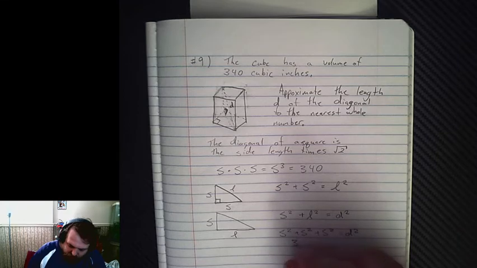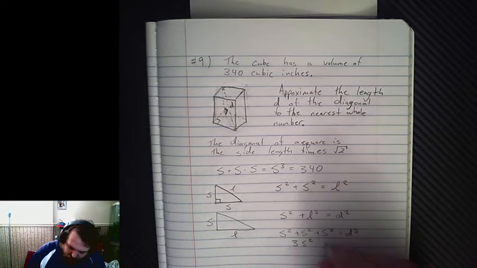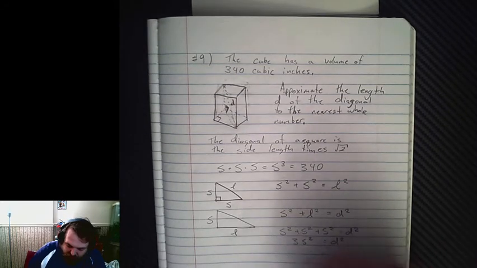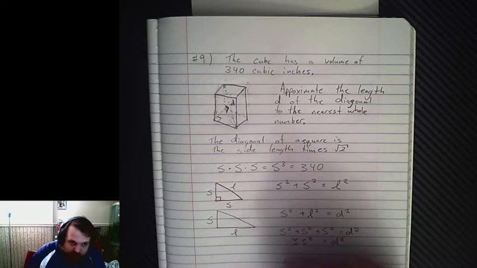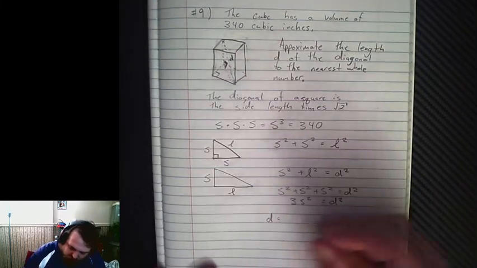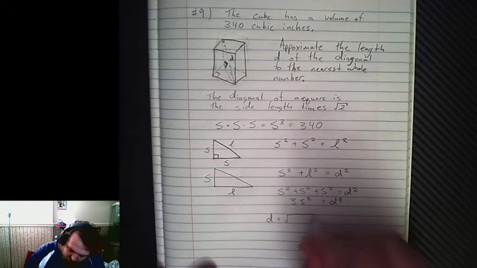And that's 3s squared is equal to d squared. And then from there, to get d by itself, we can rewrite that. d is equal to the square root of 3s squared.